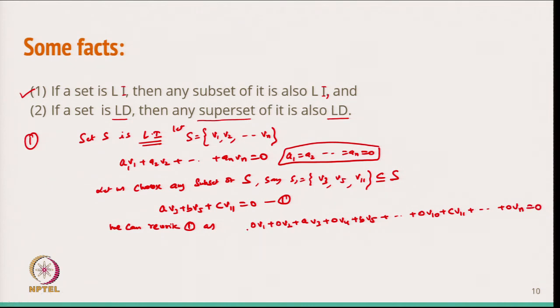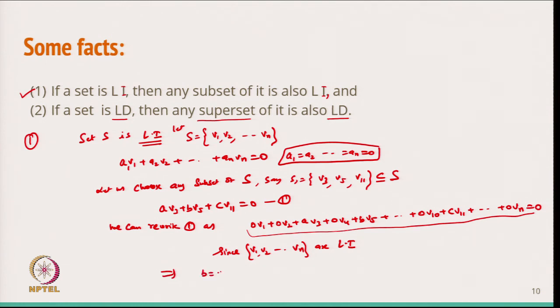Now, this became the linear combination of the vectors belonging to S, which is linearly independent. So, since V1, V2 up to Vn, the set of these vectors, are linearly independent, from here I can say that B is equal to C is equal to A, all are 0.